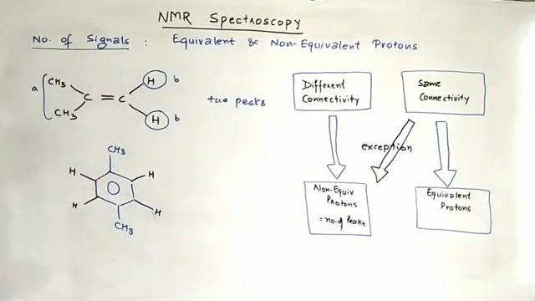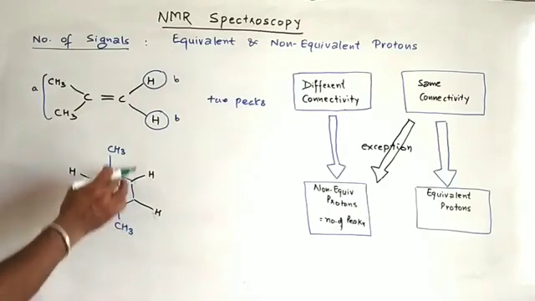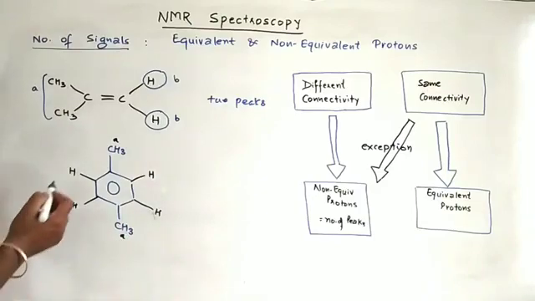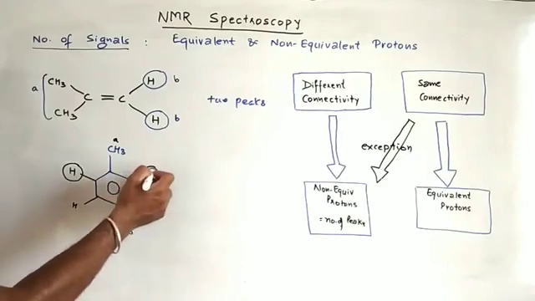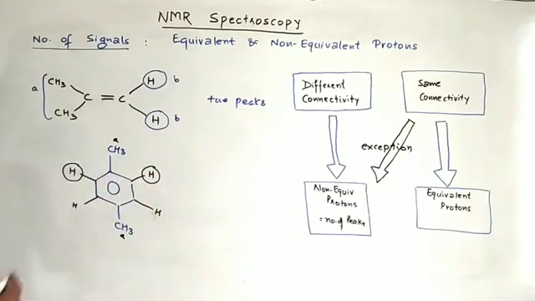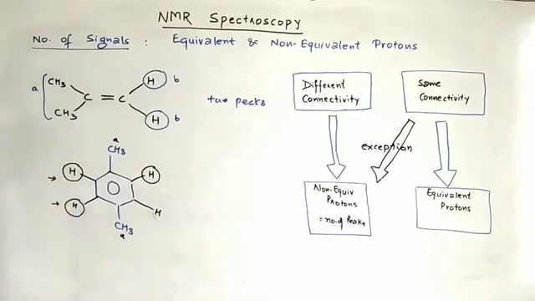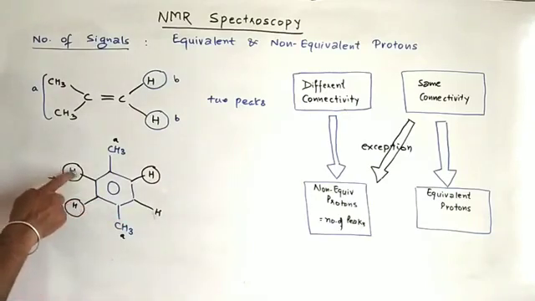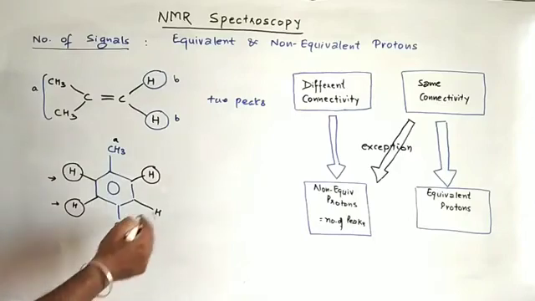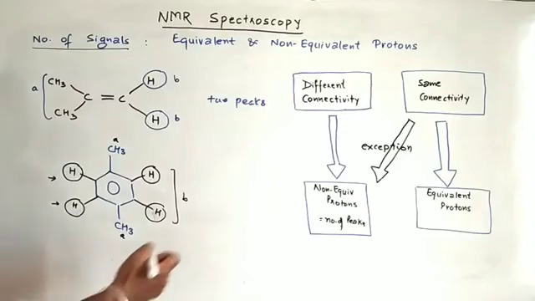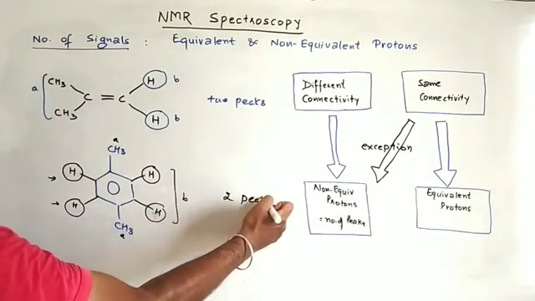Now see, these 6 protons has the same environment as these 3 and these 3 protons, they are equivalent, A. These 2 protons, this one and this one, they are equivalent. But if you compare these 2 protons, they are also equivalent, as you can see. As this proton has methyl this side, this proton has methyl this side, same. It means all these protons, they give a single peak. So overall this molecule give 2 peaks.